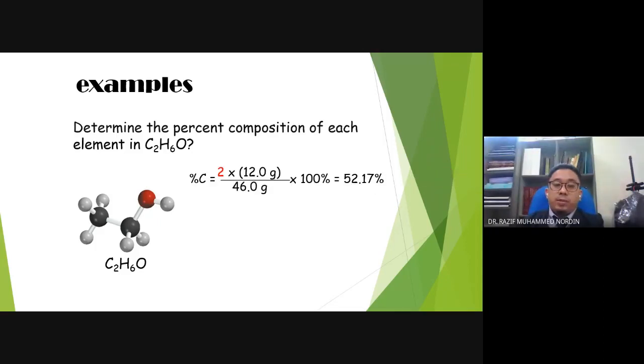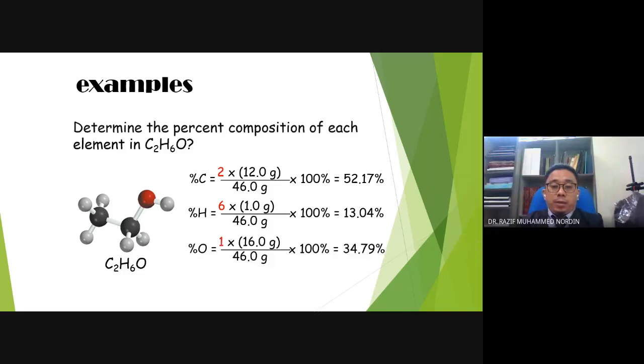For the percentage of carbon, because ada 2 carbon, times 12 divided with 46, times 100, dapatlah 52, and then percentage of hydrogen, from there you can calculate about 13.04%, and oxygen 34.79%.